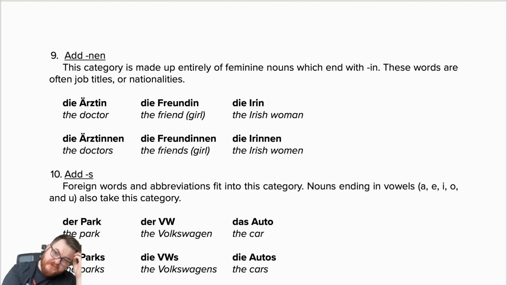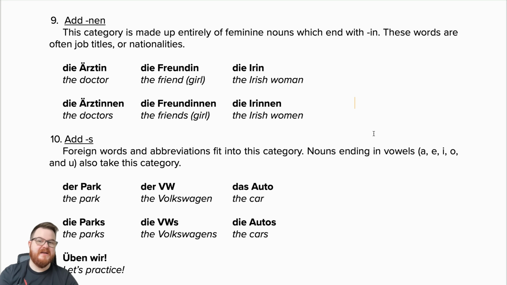This is a special plural ending which only gets added to feminine nouns that end in IN. So these are going to be job titles and nationalities for women. Die Ärztin, die Ärztinnen. Die Freundin, die Freundinnen. Die Irin, die Irinnen.